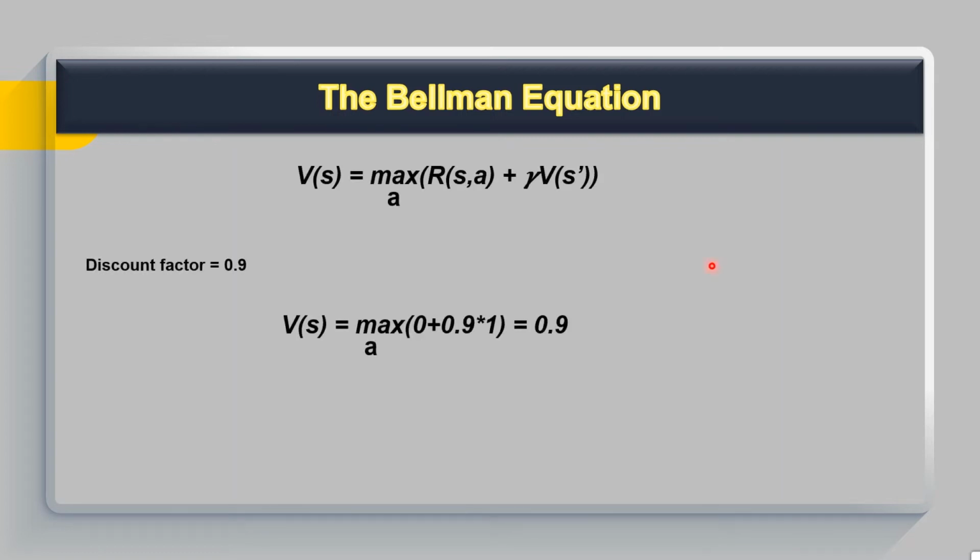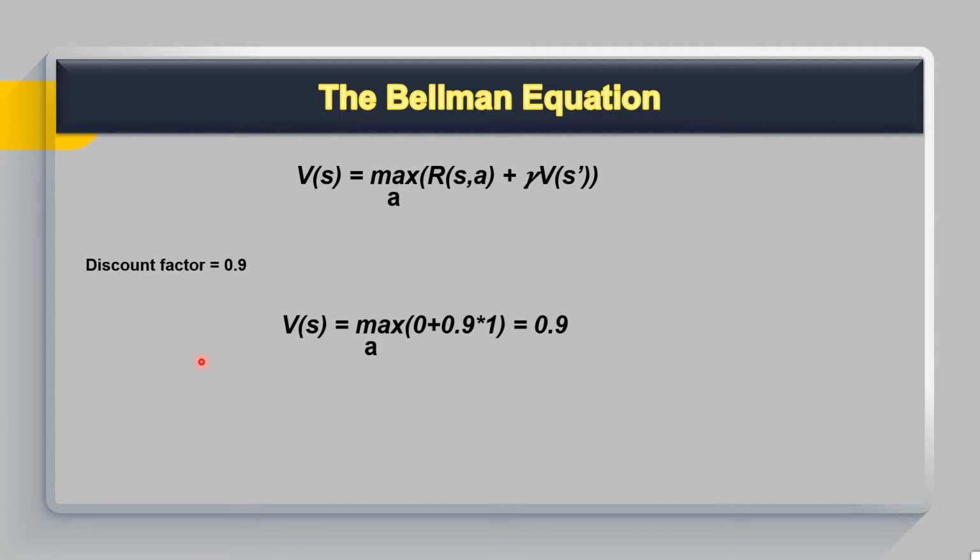So let's assume a discount factor of 0.9, as remember gamma is the discount factor. Now for the room just below the yellow room, which is the asterisk mark, what will be the V of S, that is, the value of being in a particular state?